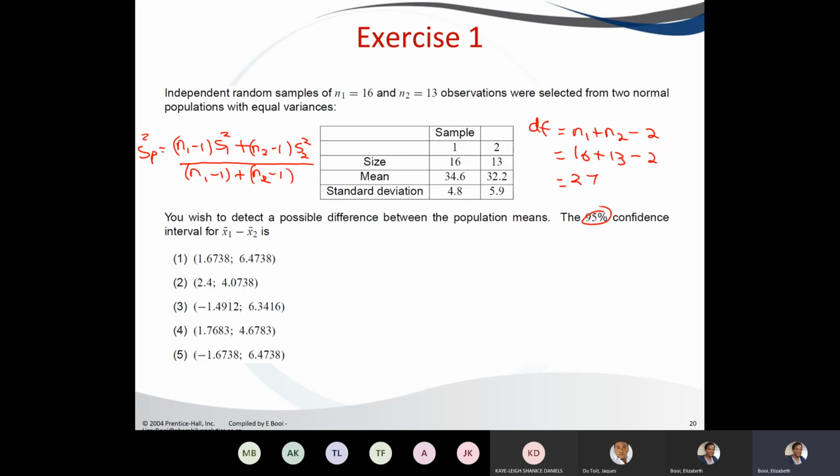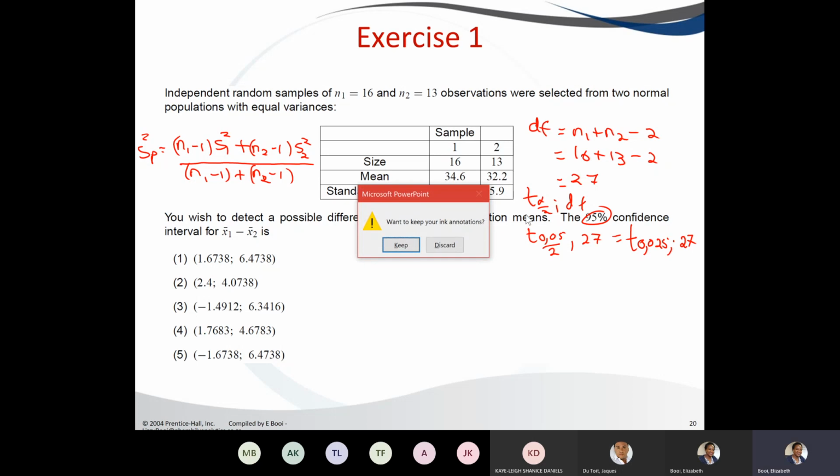And that will give us 27. So now, to find T alpha divided by 2 and the degrees of freedom, we know that our alpha is 0.05 divided by 2, and our degrees of freedom is 27. Therefore, our T is 0.025 and 27.